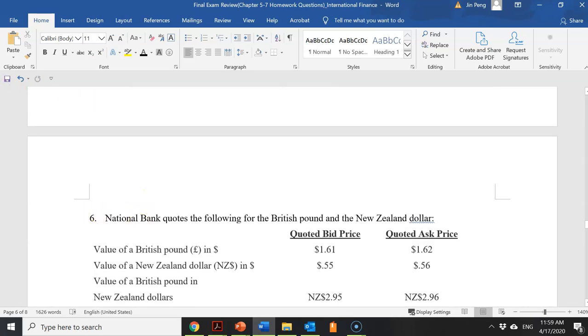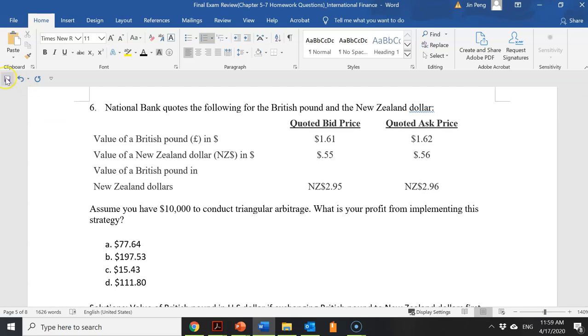Question 6. We have the bid and ask quotes for British pound and New Zealand dollars here. We know a value of British pound in US dollars is 1.61 at bid and 1.62 at ask. 1 New Zealand dollar in US dollars is 0.55 at bid and 0.156 at ask.